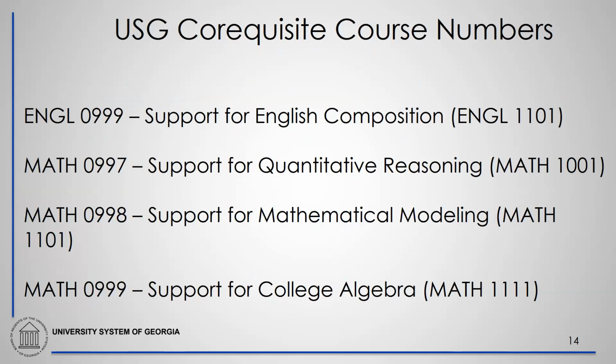So this is what the co-requisite course numbers look like. Out to the right over there you see that the English college level class is English 1101. The co-requisite to support that is English 0999. We have 3 different math pathways: quantitative reasoning, mathematical modeling, and college algebra. And each one of the Gateway courses has a separate co-requisite support course that goes with it.